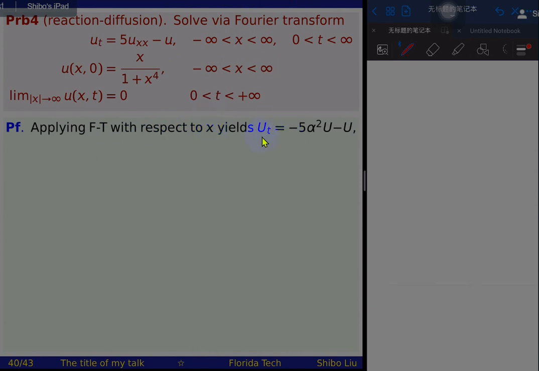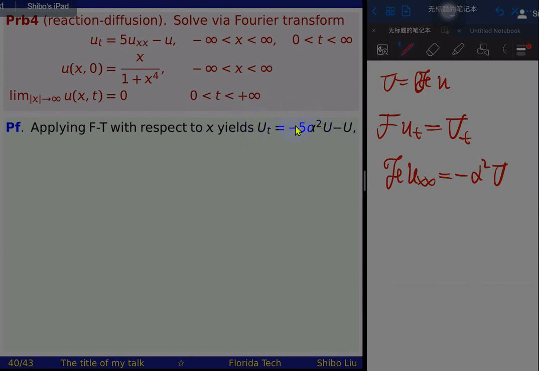Then the left hand side: we use capital U to denote the Fourier transform of small u. Therefore, the Fourier transform of u_t equals capital U_t. So the left hand side is capital U_t. On the right hand side, we know that the Fourier transform of u_xx equals minus alpha squared capital U, using the property of the Fourier transform.